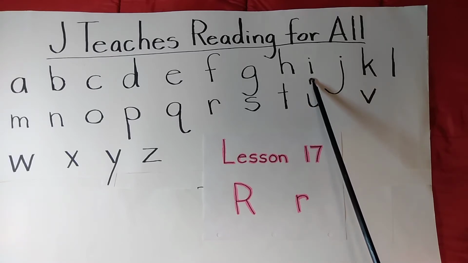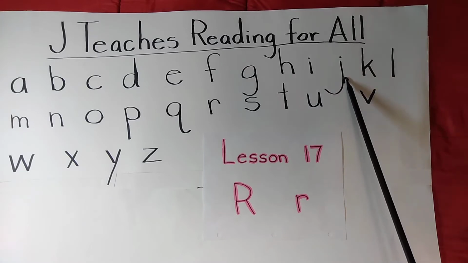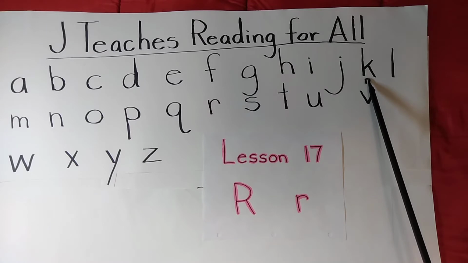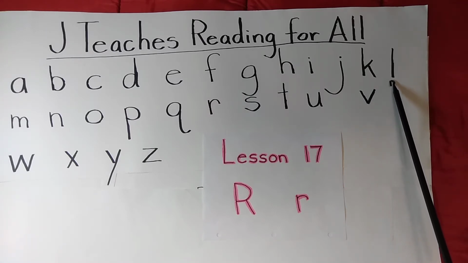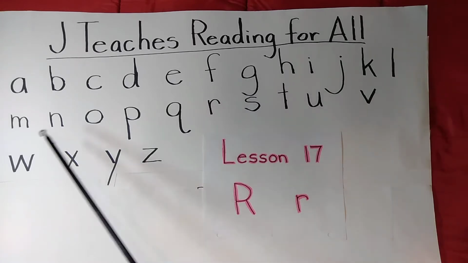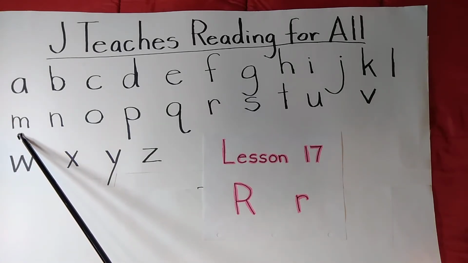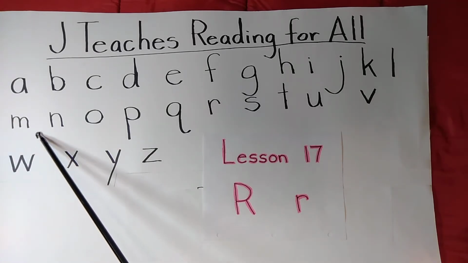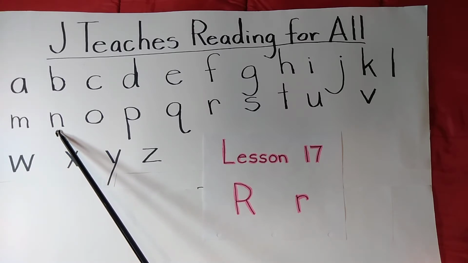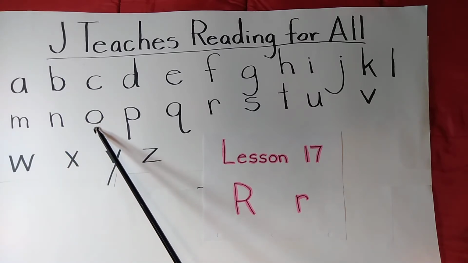I, Indian. J, jet. K, kite. L, lamp. M, mountain. N, already did. There we go again, Mr. J.